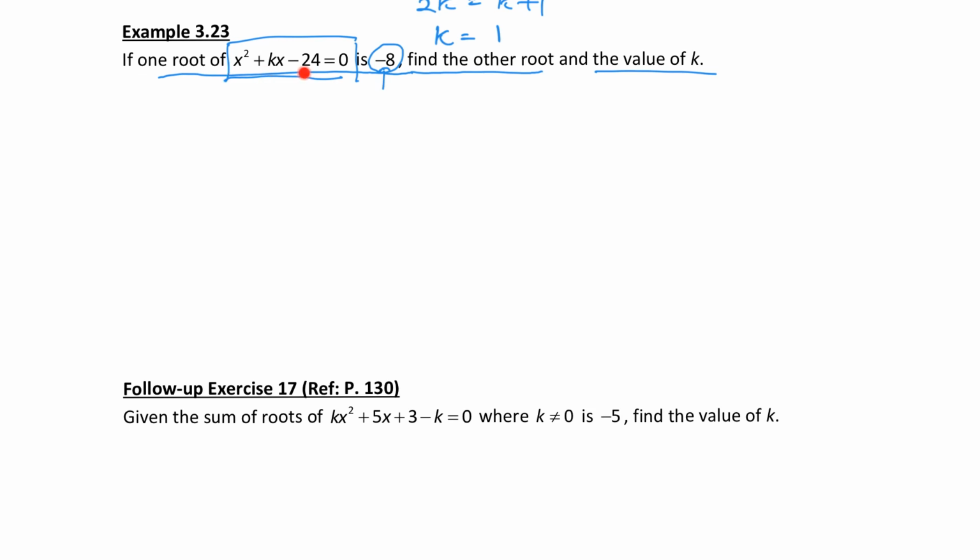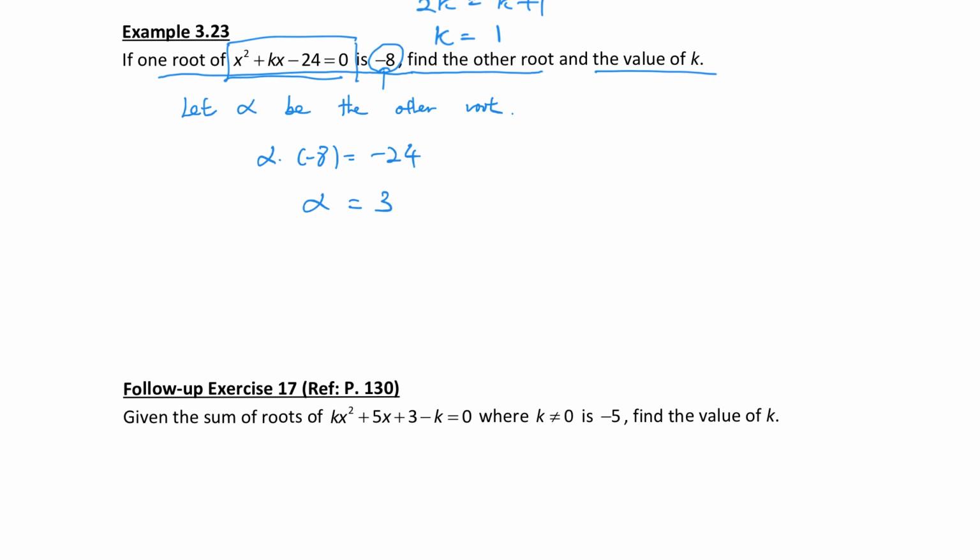The product of roots is equal to negative 24 over 1. If I know one of the roots, I can find the other root immediately. Let alpha be the other root. I know alpha times negative 8 is equal to negative 24. Divide by negative 8 on both sides, alpha is 3.